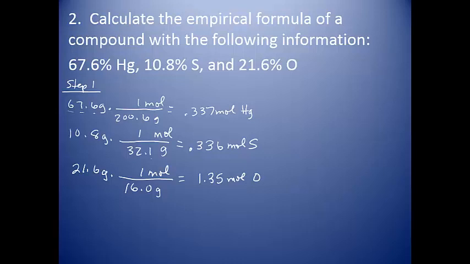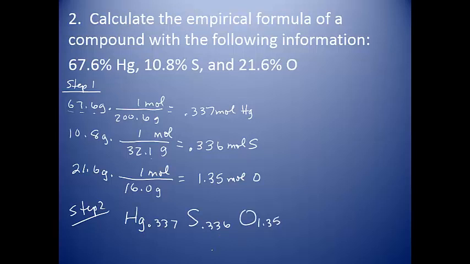Step number 2 said that we want to reduce our ratios to the lowest whole number by dividing by our smallest number of moles. So in step 2, we're right now at, I almost said hydrogen, mercury, 0.337. We have sulfur, 0.336. And we have oxygen, 1.35.